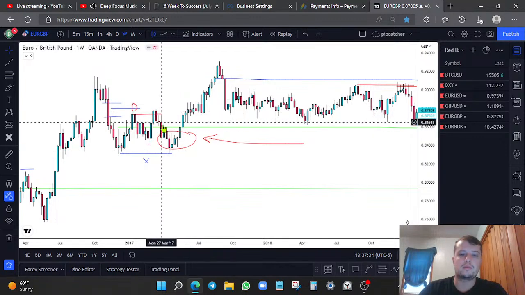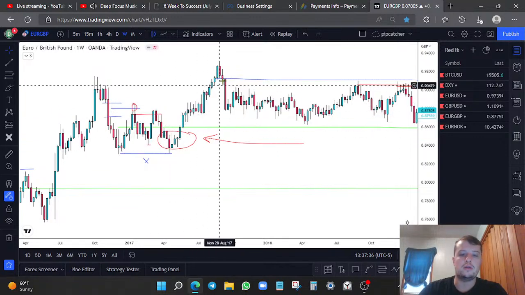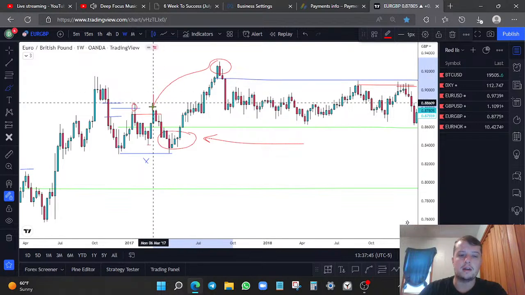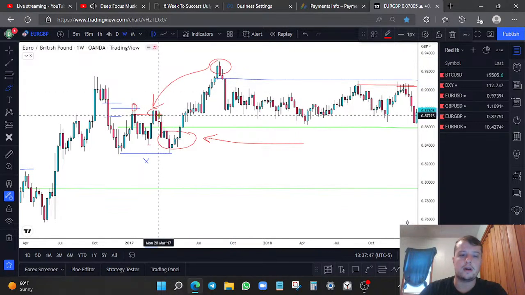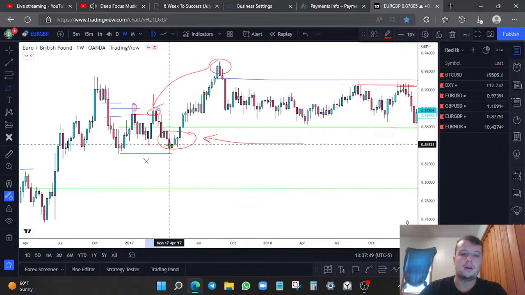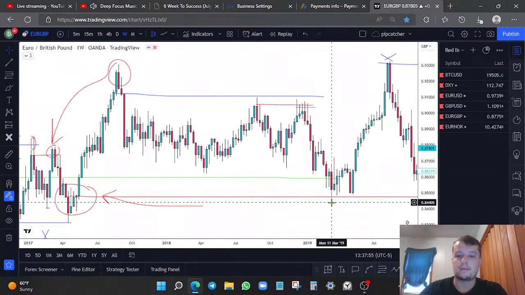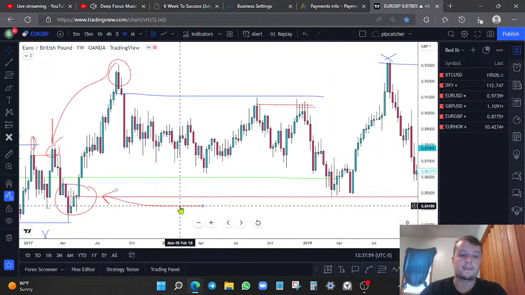So look, price comes down, makes a low, and then gives us that higher high. Why is it a higher high? Well, this high is higher than this high right here, right? And look at where this goes. Damn, that's clean, right? That's super clean.